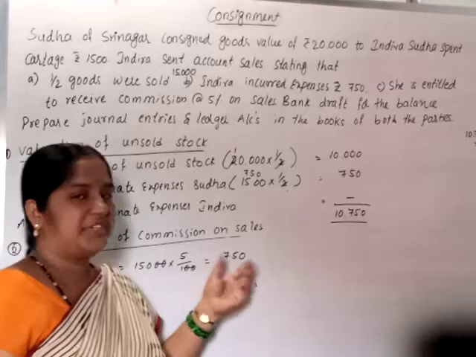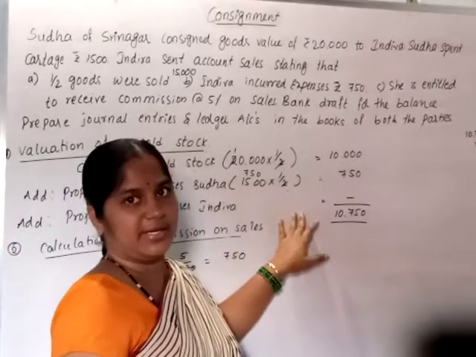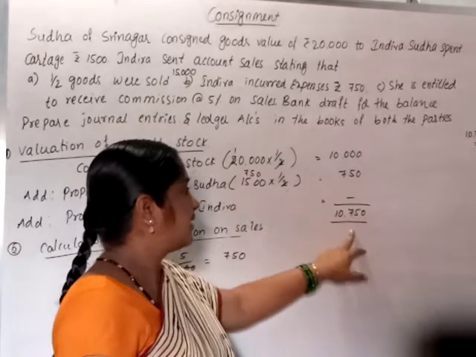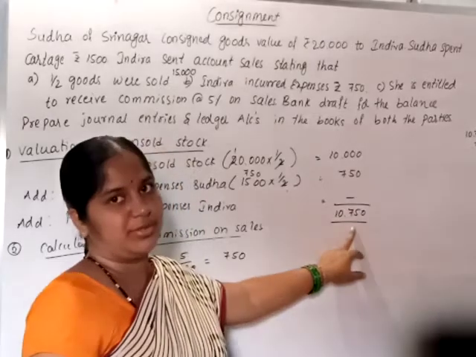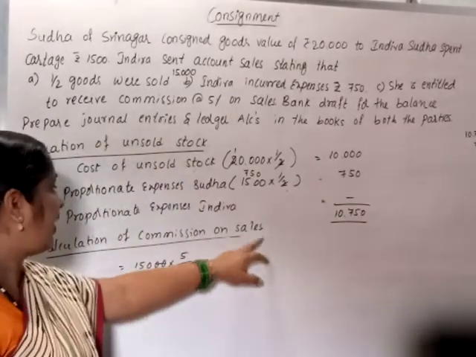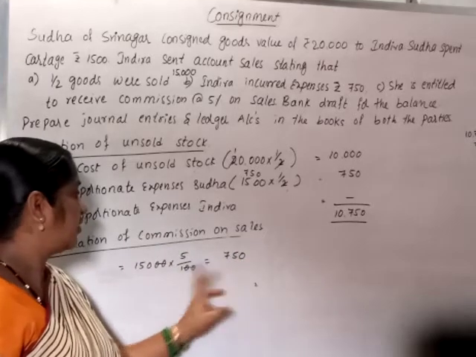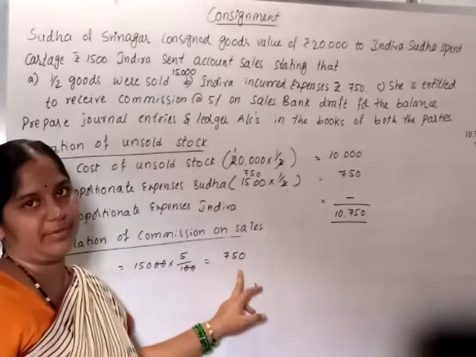That's why it is treated as recurring. So while calculating the unsold stock, don't consider the recurring. The total balance is 10,750. This is the unsold stock value. And commission we have to calculate at 5% on the sales value. So sales are 15,000 into 5%, it becomes 750 rupees.